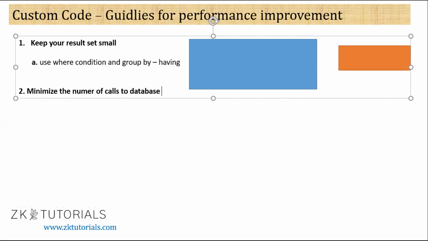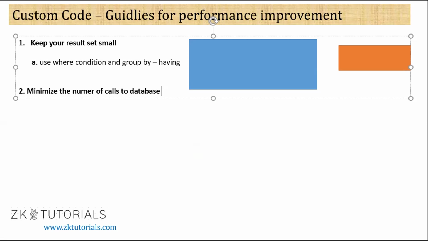Don't do this. You should do it only once, if possible. I'm saying if possible. It's not that you should only do this, but if it's okay for you to read the database again and again, don't do it. These are only guidelines.